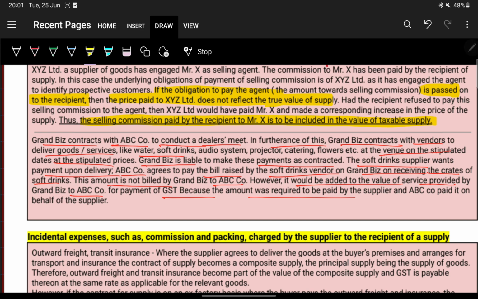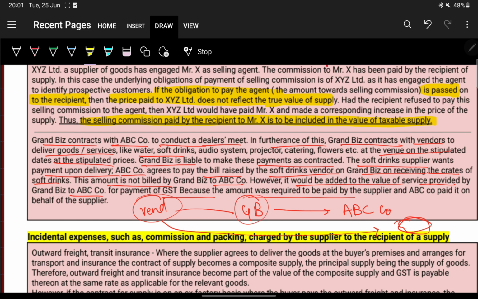So here what has happened is, Grant Biz asks ABC company to conduct a dealers meet. Grant Biz goes to some vendors, and these vendors are expected to provide services for ABC company.